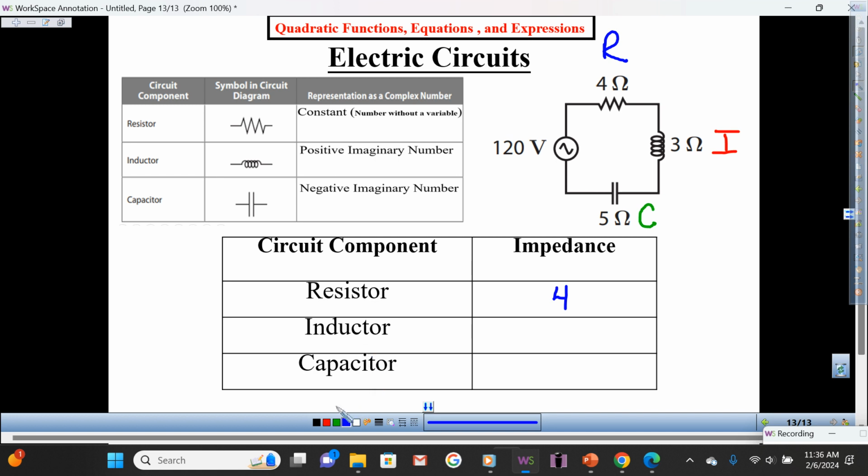Inductor, we said it's a positive imaginary. So this would be 3i. Why? Because it's 3 ohms, so it's 3i. Which leaves us with a capacitor that is, say, negative imaginary. So this would be negative 5i.